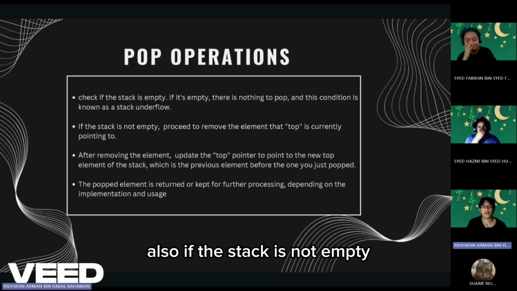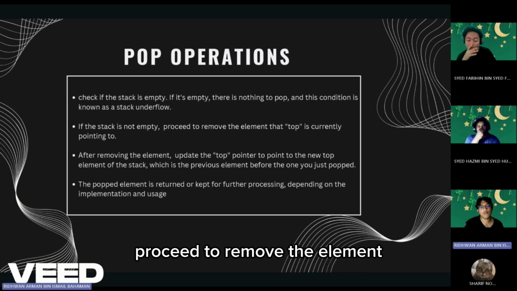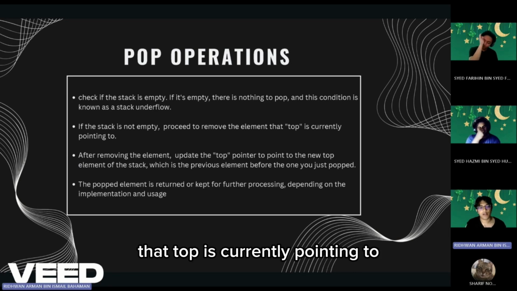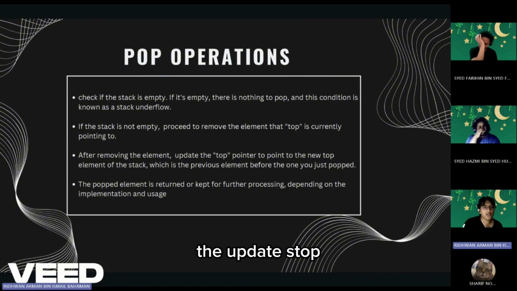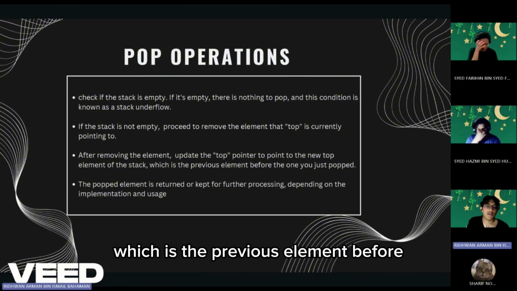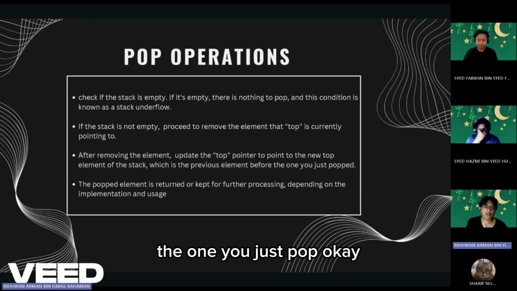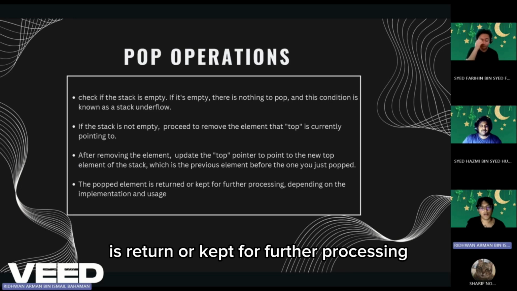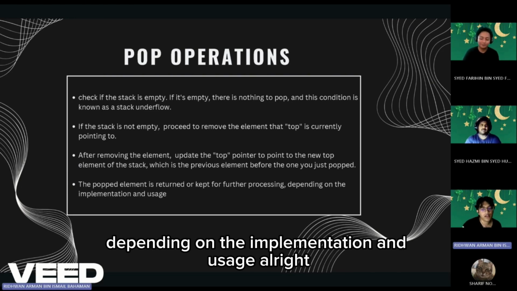If the stack is not empty, proceed to remove the element that top is currently pointing to. After removing the element, you update the top pointer to point to the new top element of the stack, which is the previous element before the one you just popped. Lastly, the popped element is returned or kept for further processing, depending on the implementation and usage.